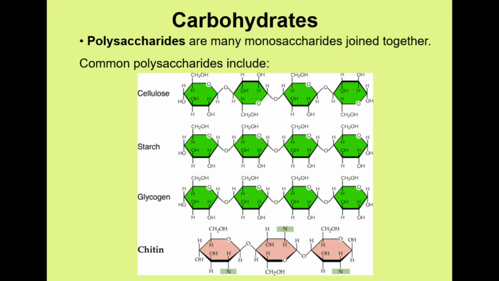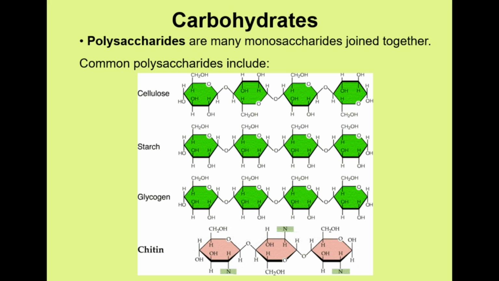The bottom one is called chitin, and that is a structural polysaccharide found in animals, but also it's found in fungi. So it makes up the cell walls of fungi, so mushrooms and toadstools and things like that. But it's also a really important component in the exoskeletons of arthropods, so crabs, lobsters, insects, things like that.